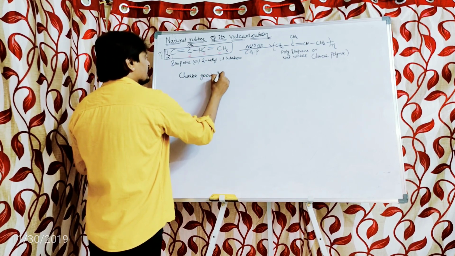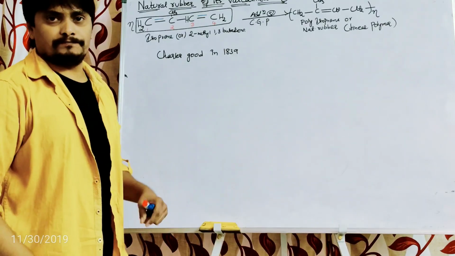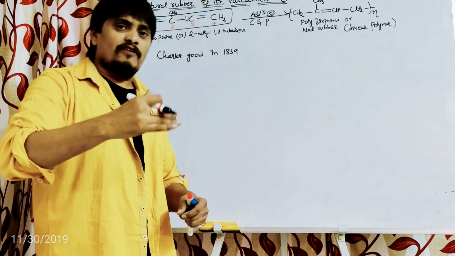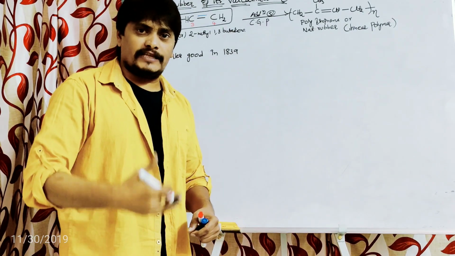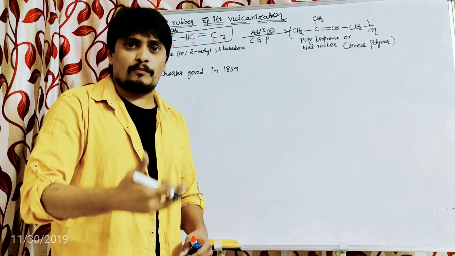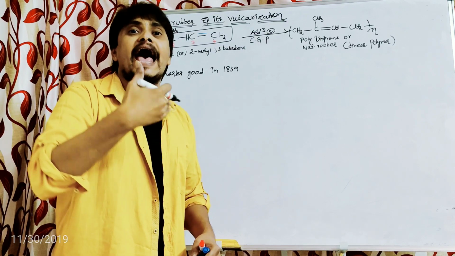in the year 1839 added sulfur powder. Whenever the sulfur powder was added, he noticed that the poor mechanical properties associated with the natural rubber had been enhanced.